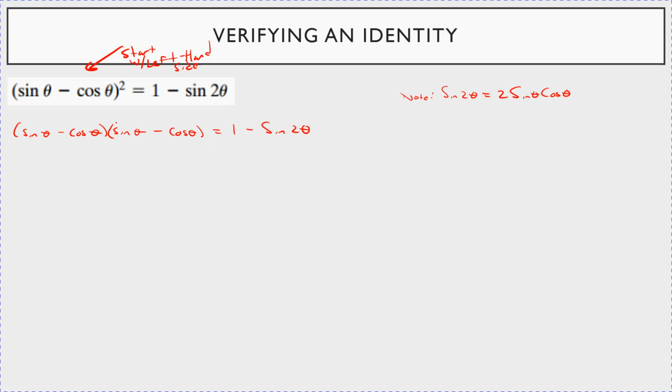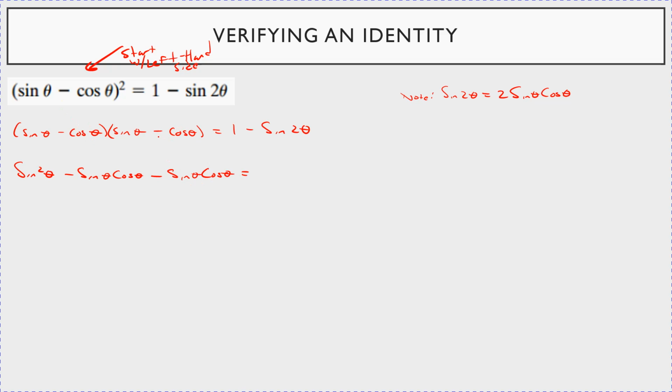Okay? Sine of theta times sine of theta gets me sine squared of theta. Sine of theta times minus cosine theta is minus sine of theta cosine of theta. Minus cosine of theta times sine of theta is also another minus sine of theta cosine of theta.